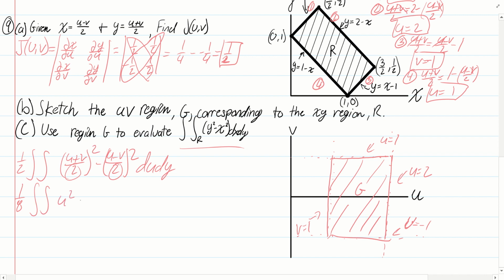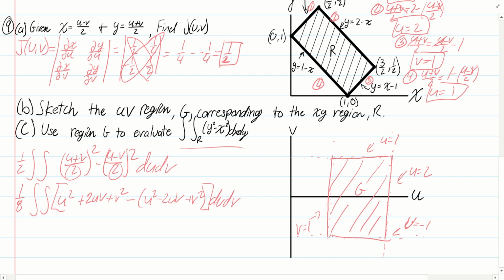So I want to have u squared plus 2uv plus v squared minus u squared minus 2uv plus v squared, du dv. Oh, I don't know why I had a y there.